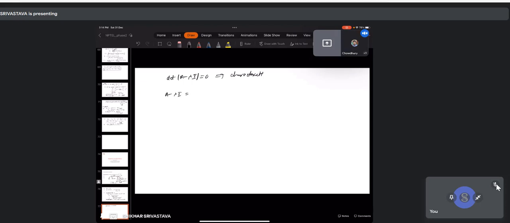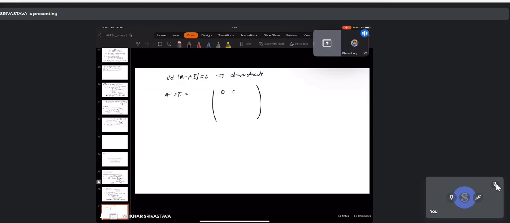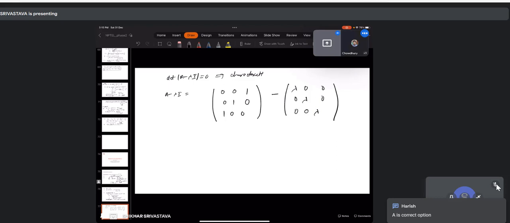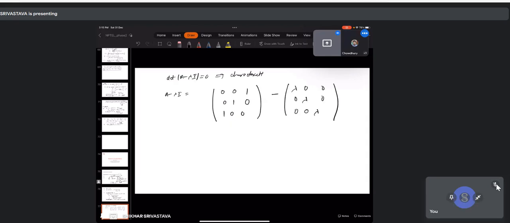A is 0 0 1, 0 1 0, 1 0 0, minus lambda times I, where I is the 3 cross 3 identity matrix. So I'll just multiply this, and this is what you're left with for A minus lambda I.